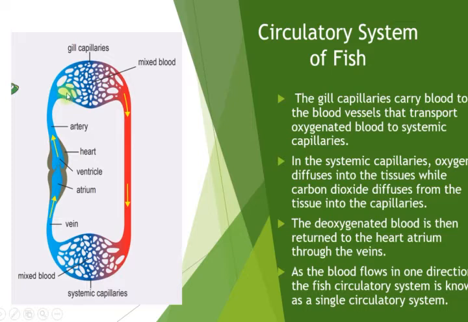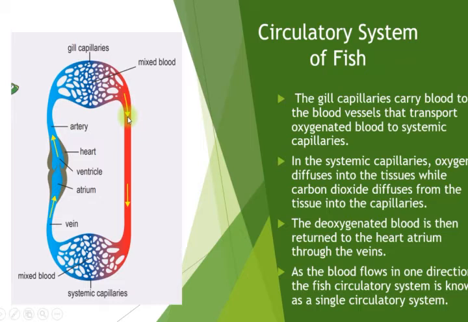The deoxygenated blood turns into oxygenated blood and flows into the blood vessels, then is transported to the systemic capillaries, where gas exchange occurs. The oxygenated blood turns into deoxygenated blood, and then goes back to the heart. So the blood flows in only one direction.